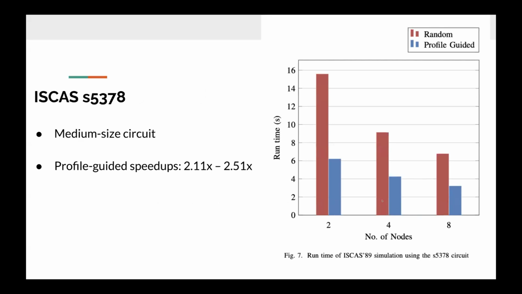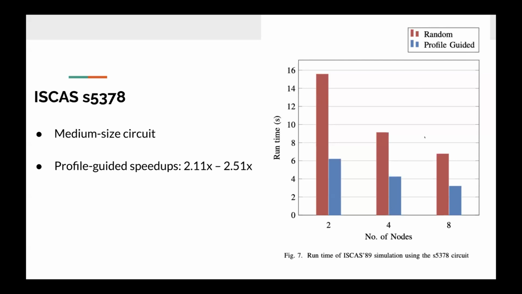In each case, we compared the total runtime. Here on 2 nodes, we can see there is a 2.5x speedup for the profile guided partitioning. On 4 nodes, we can see a 2.15x speedup for the profile guided, and on 8 nodes, we see a 2.1x speedup for the profile guided over the random algorithm.